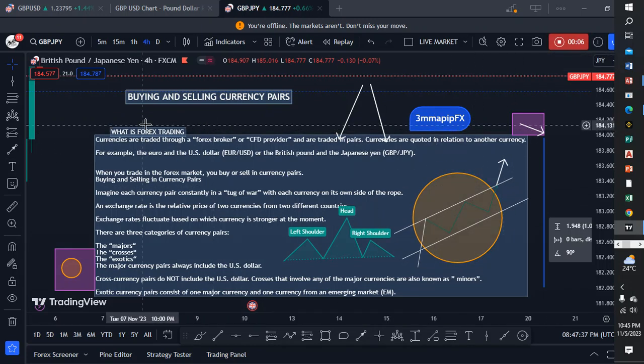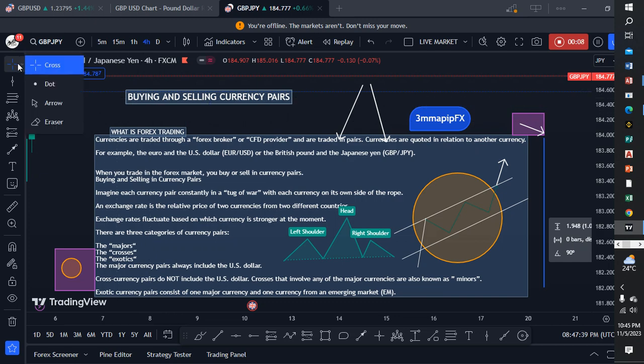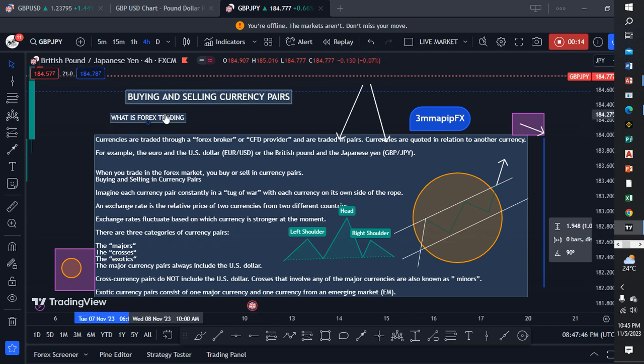We are just diving right now into buying and selling of currency pairs. Ask yourself, what is forex trading? Forex trading is simultaneous buying of one currency and selling of another. What we mean by this is simultaneous buying and selling. It's done at a go.